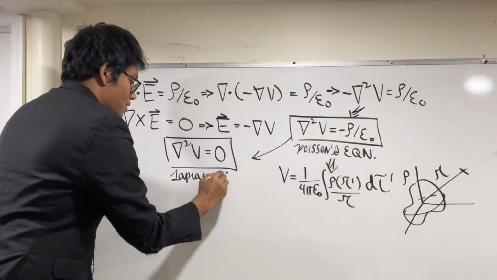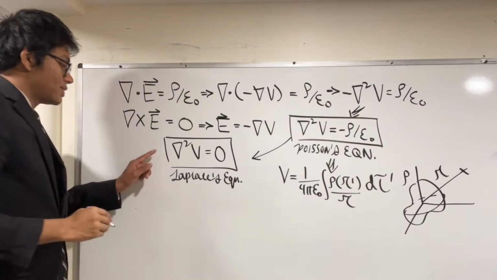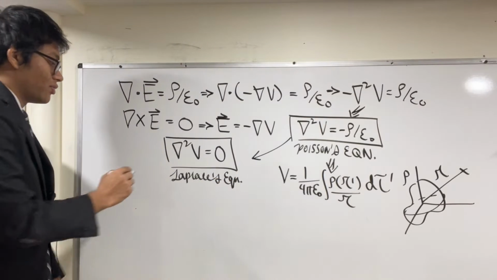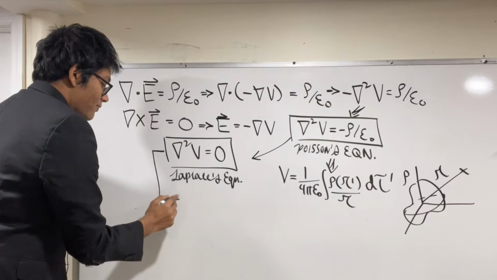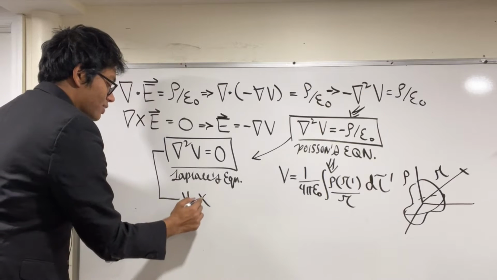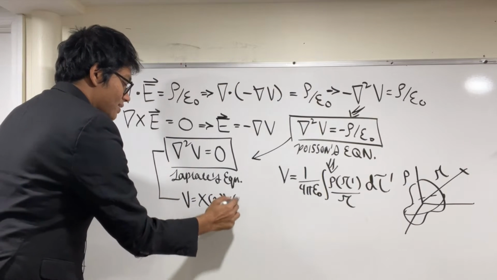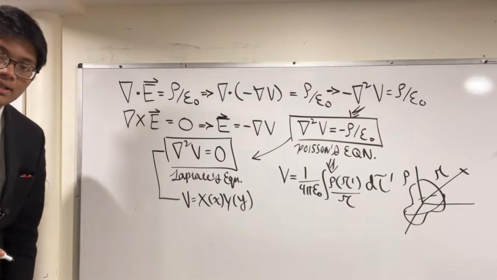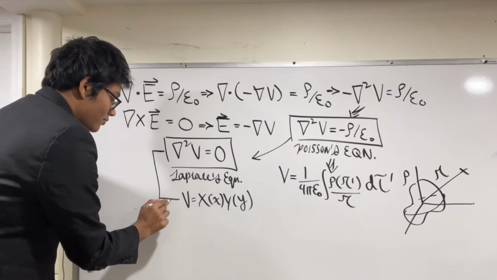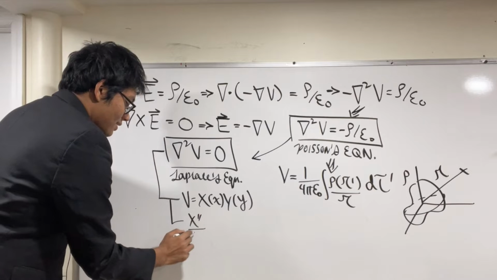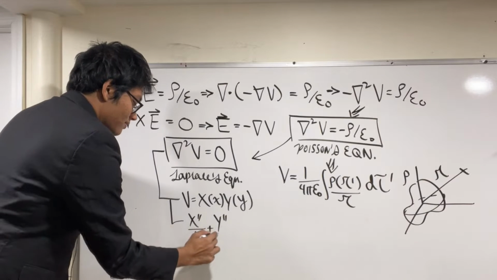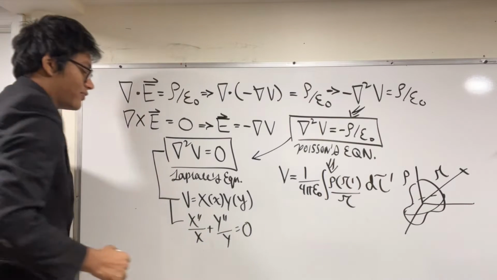And we solved this equation in rectangular coordinates by assuming that the electric potential was separable as a function of x and a function of y, right? And then we plugged it back in here, and then we got this second order ordinary differential equation.